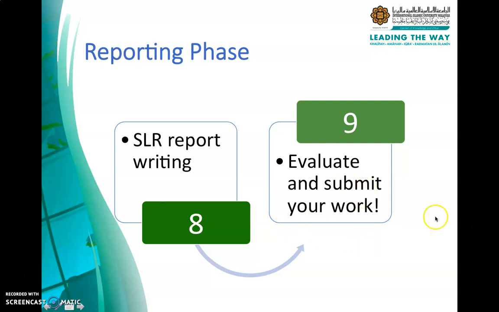We have to put those in writing, and the writing can be in the form of a thesis, a journal article, or a technical report. It depends on who your audience is, who you are targeting. Or you can submit the paper to a conference.